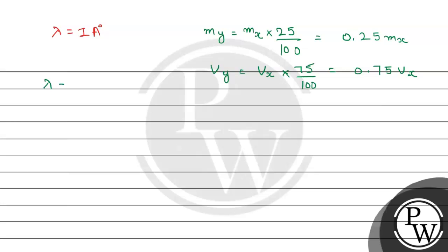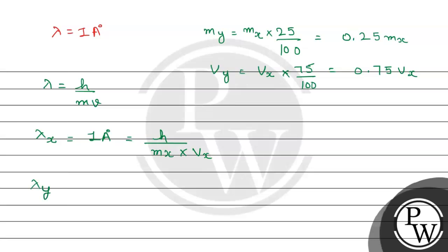As we have discussed about the formula, de-Broglie wavelength जो है that is equals to the h over mv है, where h is the Planck's constant, m is the mass of the particle and v is the velocity of the particle. And for x हम इसे lambda x से represent करेंगे, which is given as 1 angstrom is equals to h over mx multiplied to the vx.